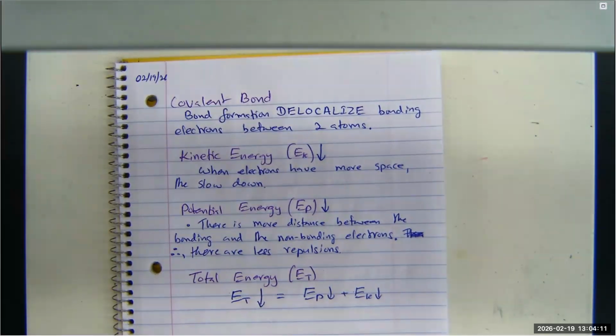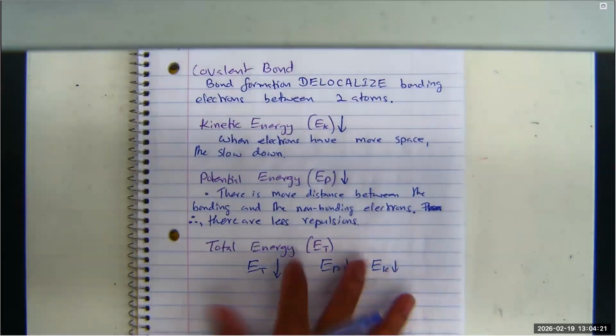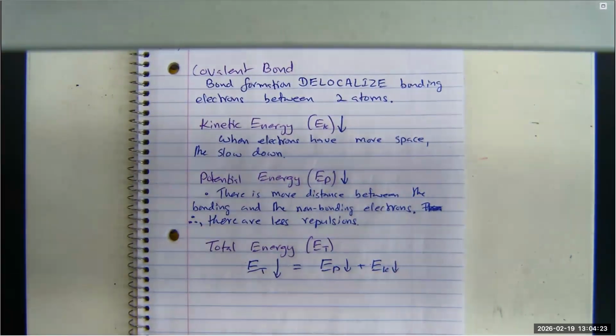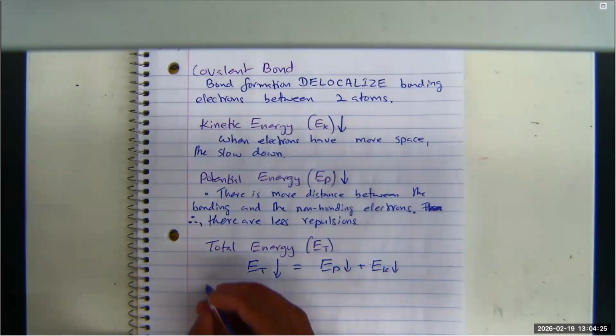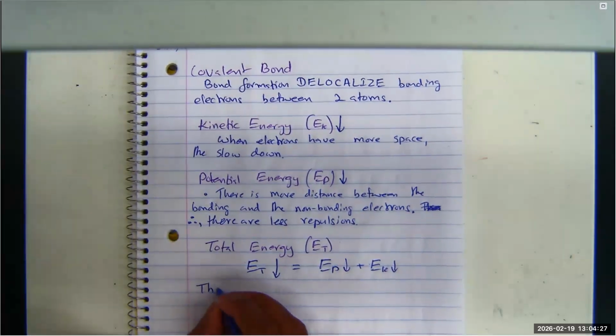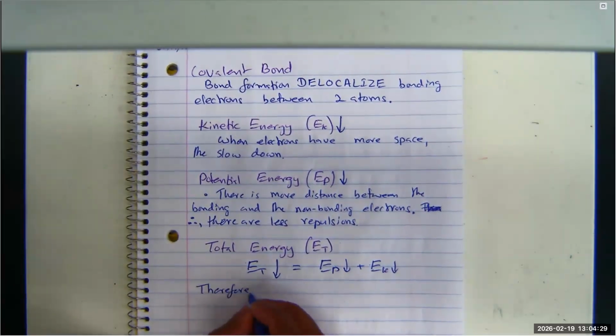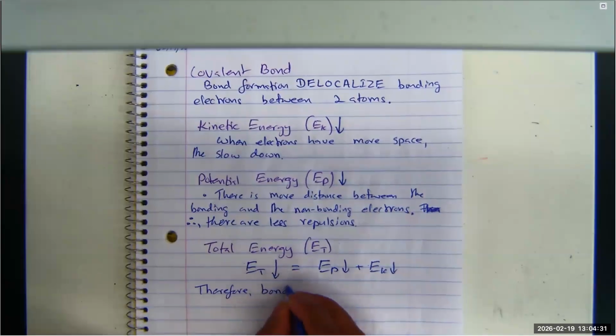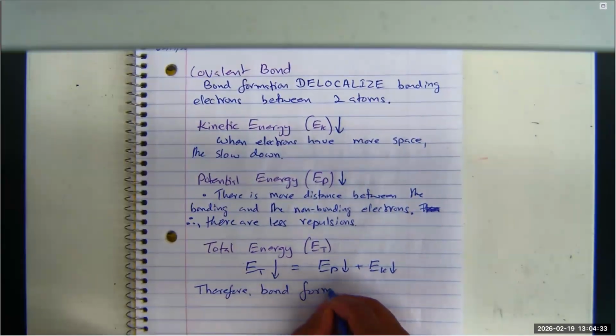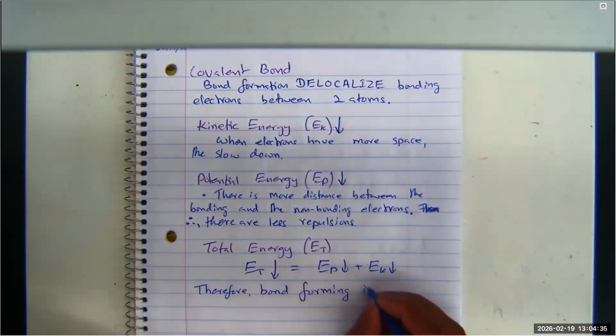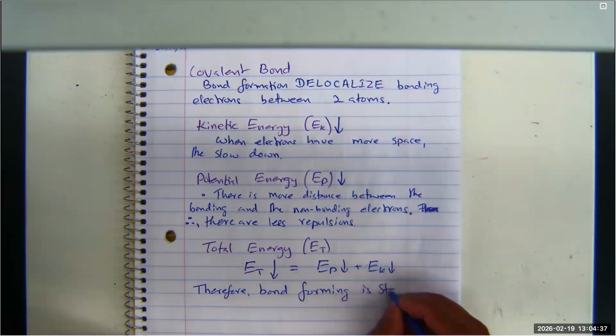Any event that decreases the energy is stabilizing, and so bond formation is stabilizing. Why? It decreases the total energy. You can write that. Therefore, bond forming is a stabilizing event.